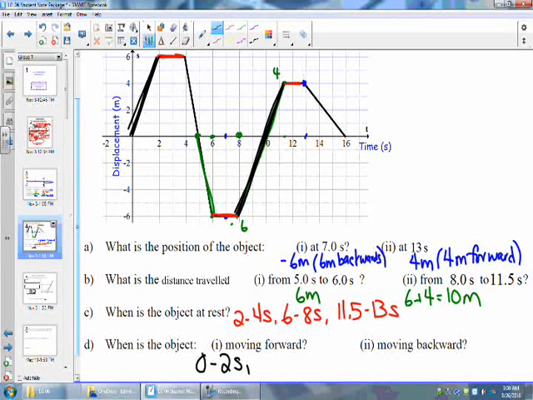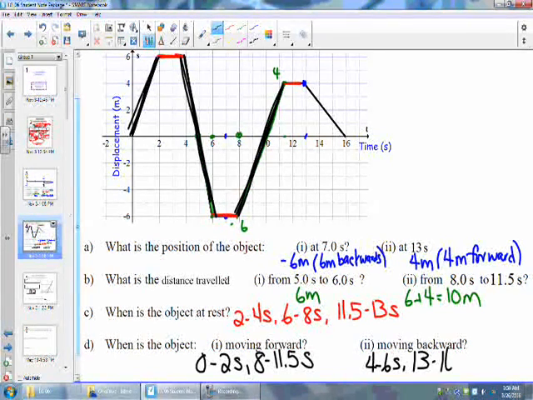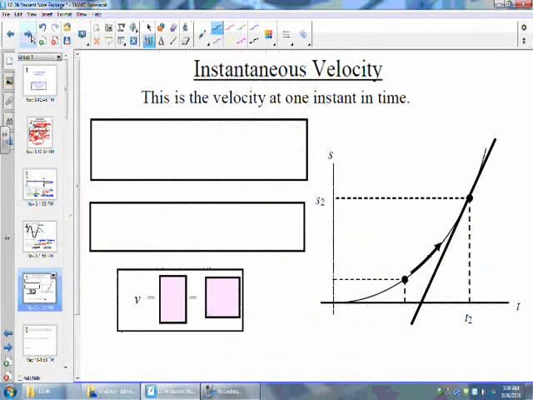So that would be about 8 to 11.5 seconds. And then obviously moving backward is going to be from here to here, where we're going down. So that would be from 4 to 6. And then the last one would be 13 to 16. Okay, so pretty straightforward.